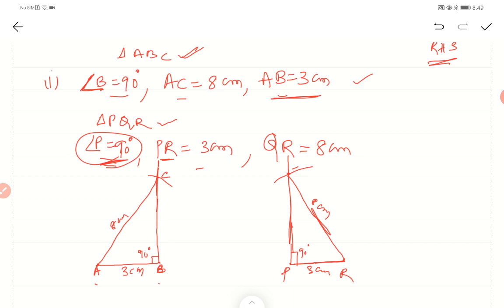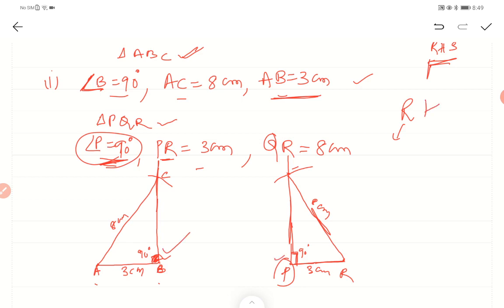So what is our RHS rule? We have one angle 90. Okay, so here it is angle B 90, and here it is angle P 90 degrees. Okay, and then you need to have a right angle. One, right angle. This is okay.